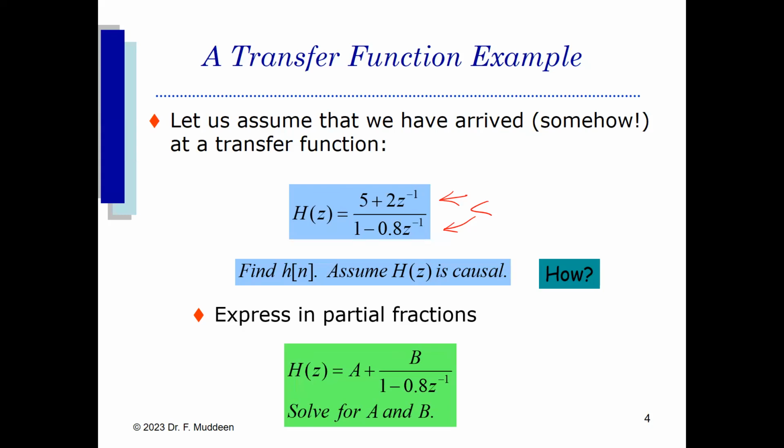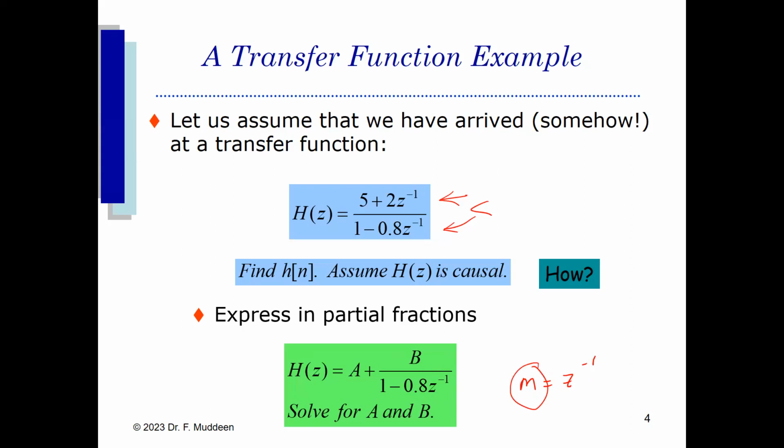So you're going to get some A plus B over 1 minus 0.8 z to the minus 1. Then you solve for A and B, using the usual approaches that we have sorted out already. As I told you, if for some reason you're uncomfortable using z to the minus 1, you could let something like m be equal to z to the minus 1 and then work it out, but remember to substitute back at the end.